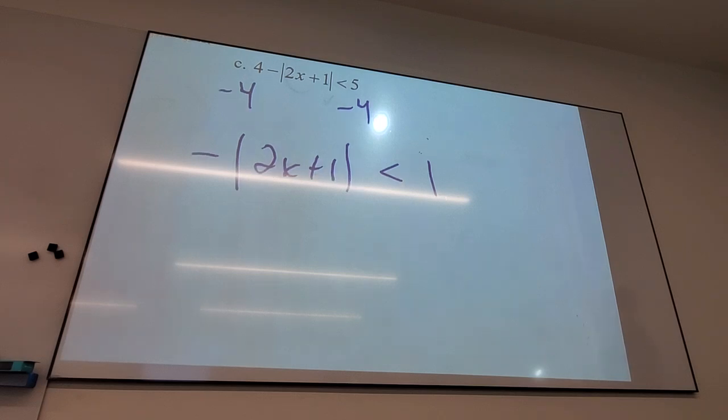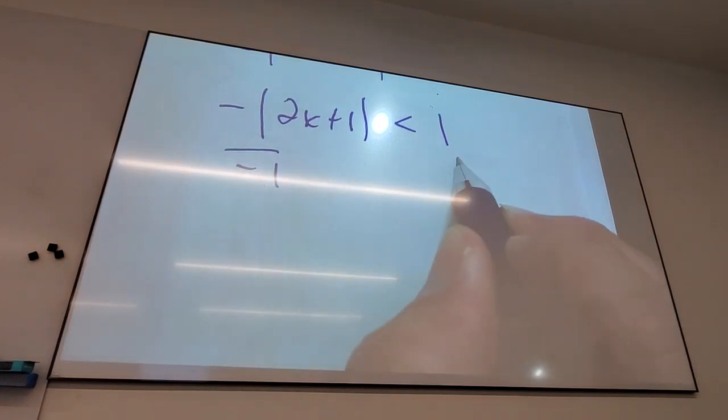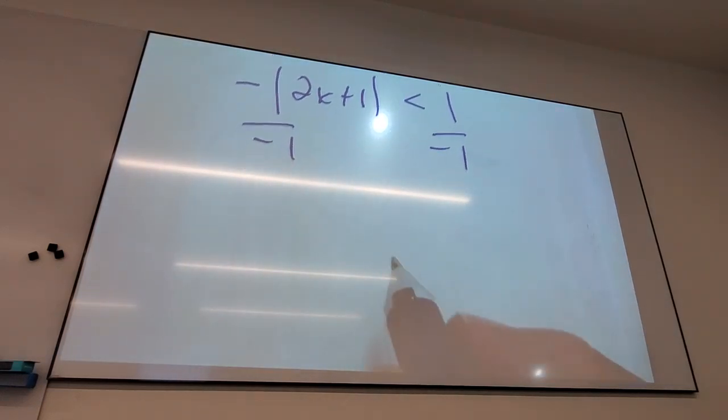So right here, you have to divide by -1 to get your absolute value by itself. But when I do that, what has to happen?